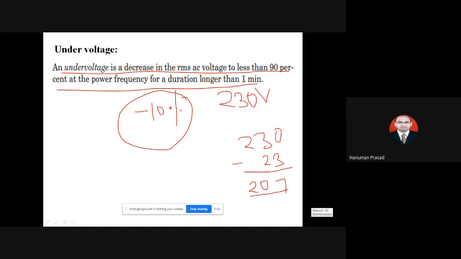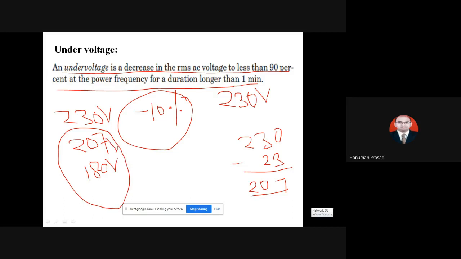If the voltage is less than 207 volt, where you require 230 volt, and -10% means 207 से नीचे जैसे वोल्टेज आएगा, means you are getting 207, 180 volts. This is called the under voltage.